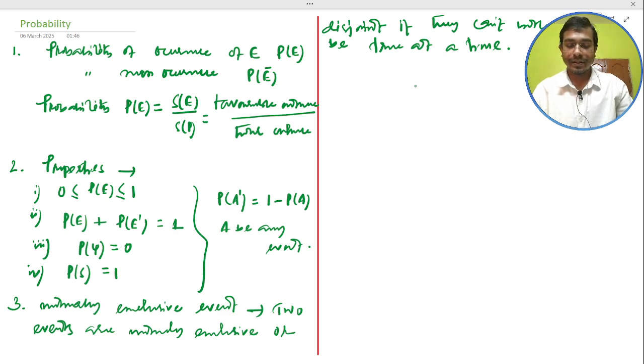Next, some theorems on probability. Number 4.